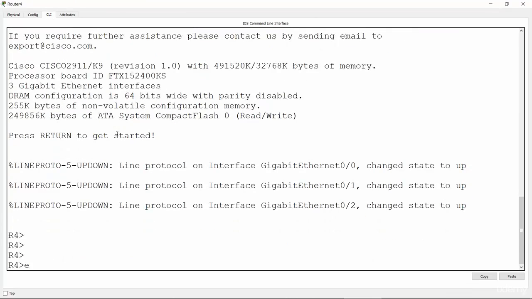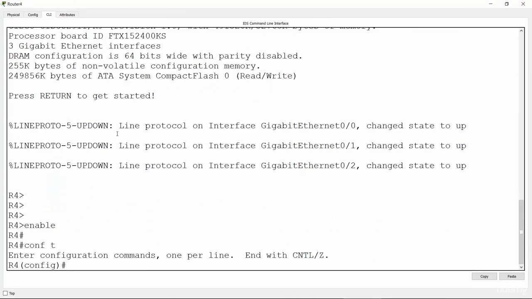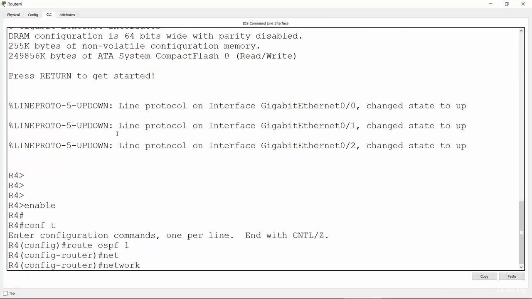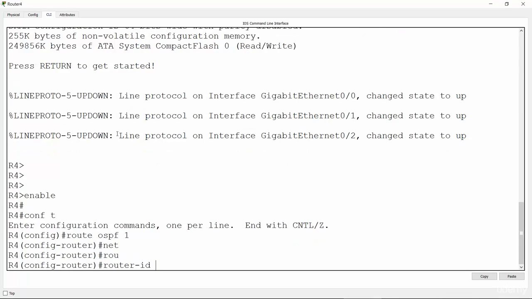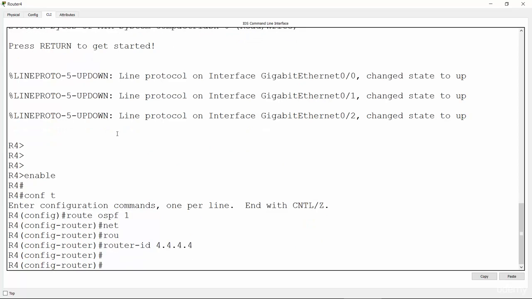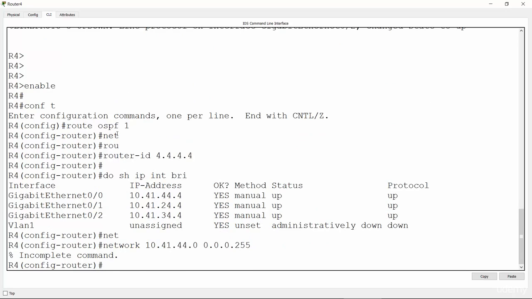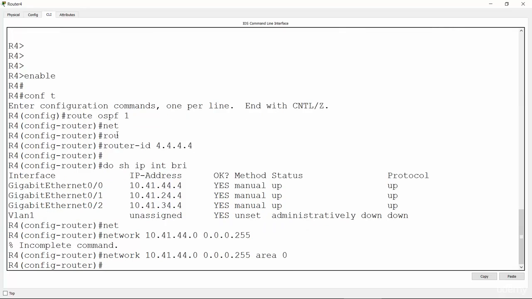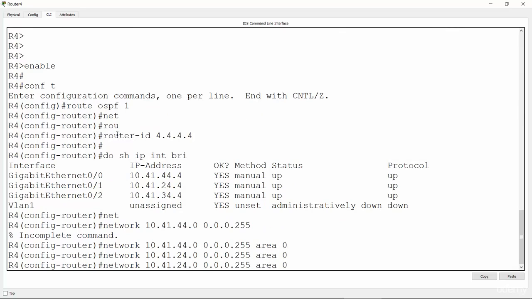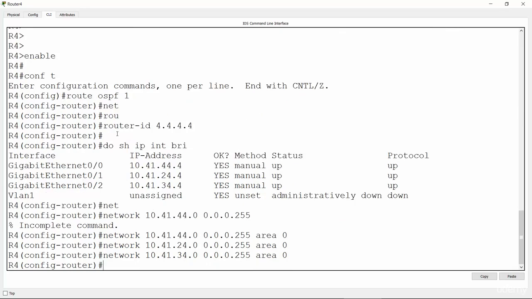I'm in router 4 now. Enable, conf t, router ospf 1, router ID 4.4.4.4 and network statements. Networks will be 44, 24 and 34.